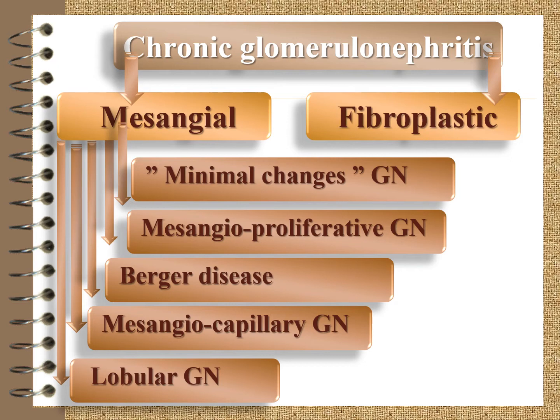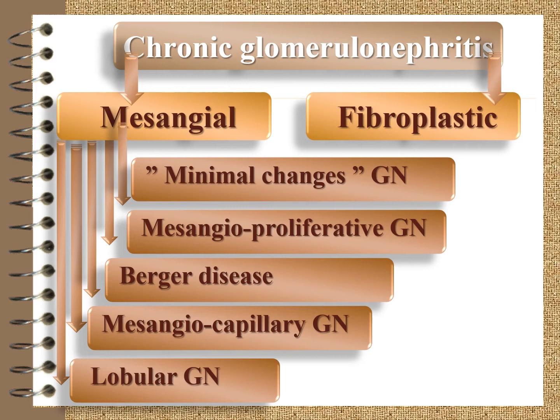Lobular glomerulonephritis may be accepted as another type of mesangiocapillary glomerulonephritis and is characterized by irregular thickening of glomerular basement membrane, by interposition of mesangial cells between endothelium and basement membrane, and enlargement of mesangium at the central part of tufts, thus glomeruli assume the lobular structure.